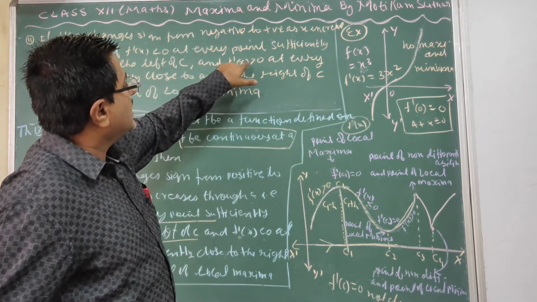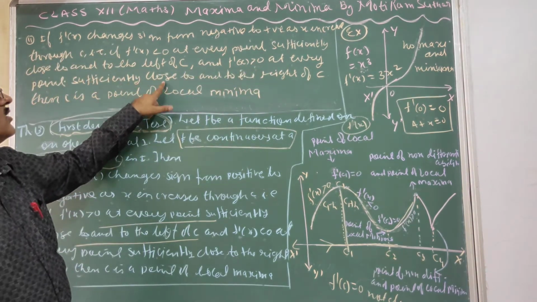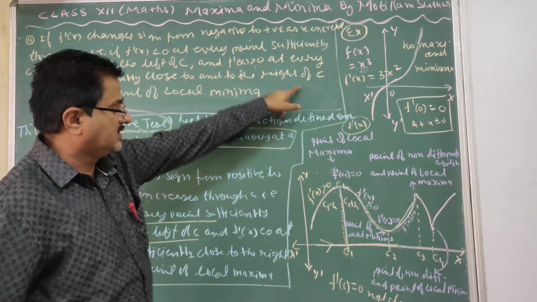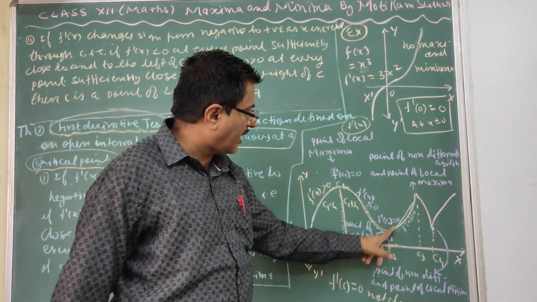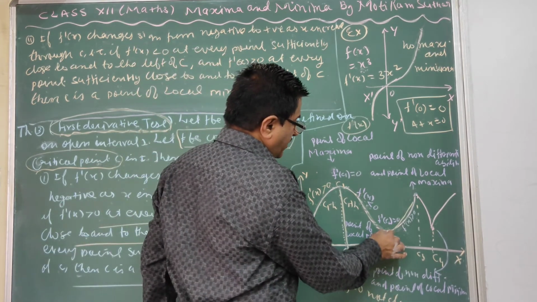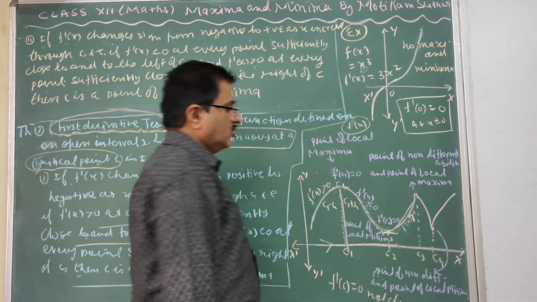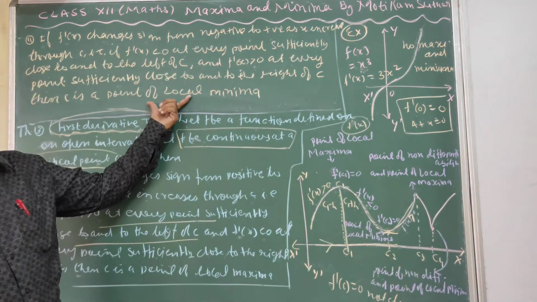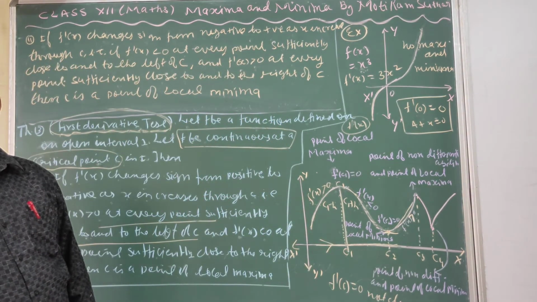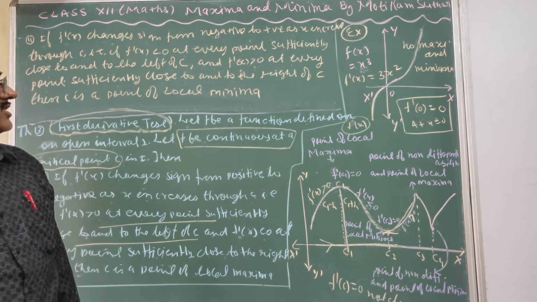But f dash x greater than 0 at every point sufficiently close to and to the right of C, every point right of C, right side में और इसके पास में, at that point this should be greater than 0. So we call that a point of local minima. Clear this is?